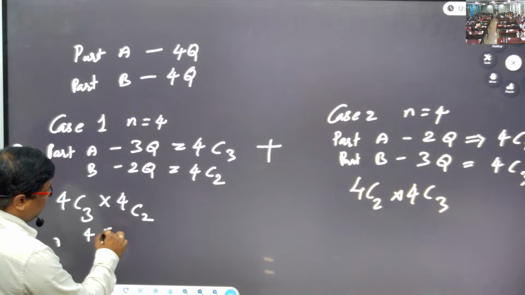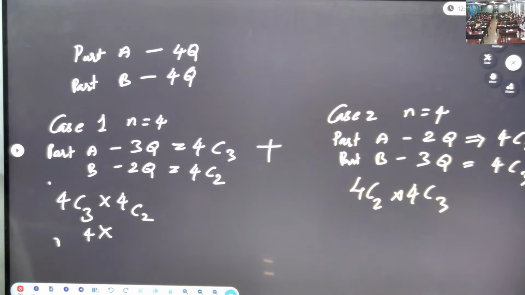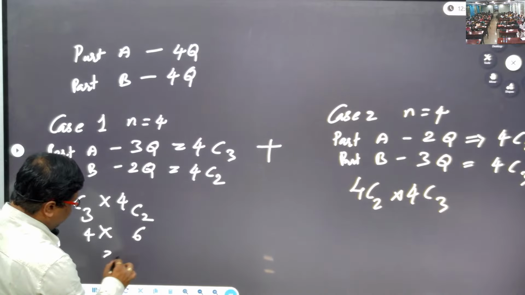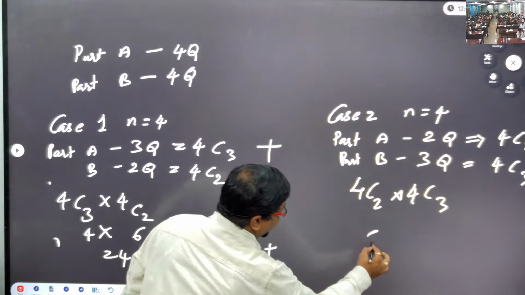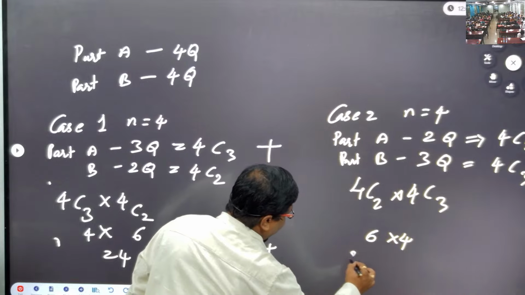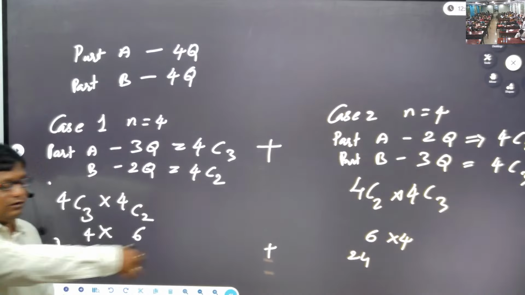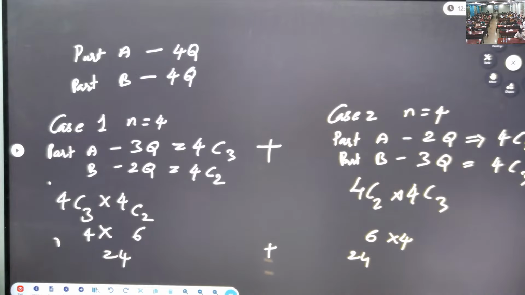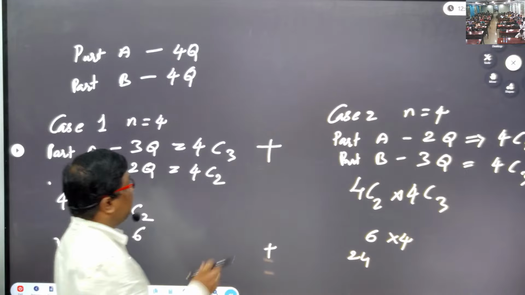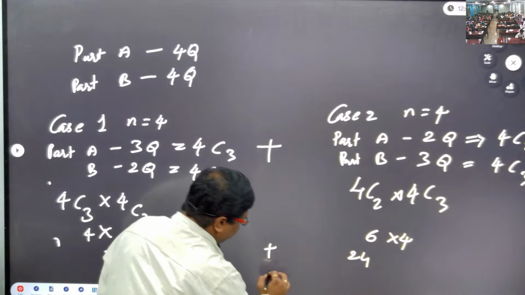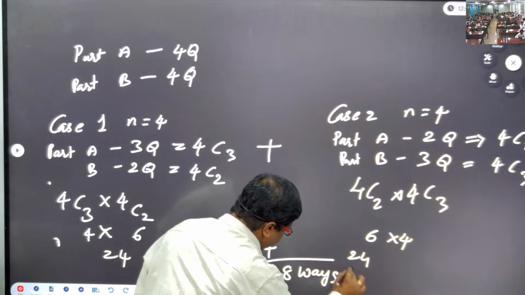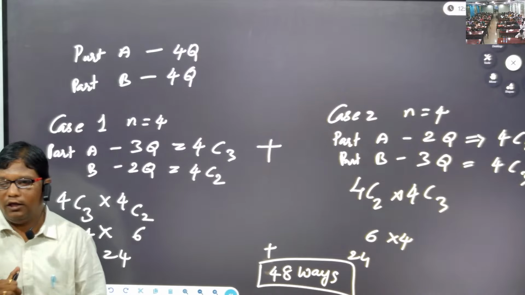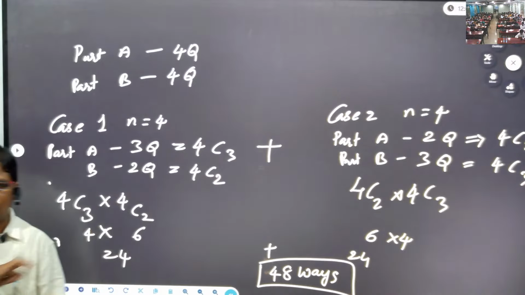Next, here it is 4C2, 6 you will be getting. So completely it is 24. Other side also you will have 6 into 4, that is 24. 24 plus 24, how many ways do we have? Completely 48 ways of selecting 5 questions from the 2 cases. Okay, so this is our final answer.